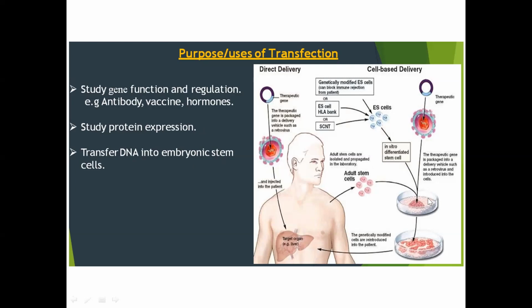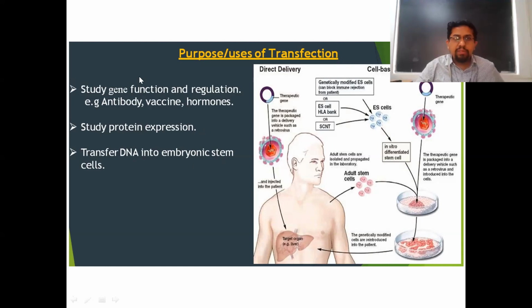They can do it either at the cell line level, or you can transfer the tissues to the organs within humans. Let us say a person is having some liver disease, and it is a genetic disease. Let us say the livers are not able to metabolize certain drugs properly.